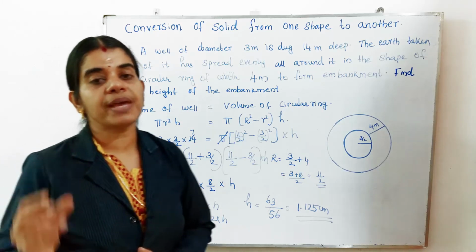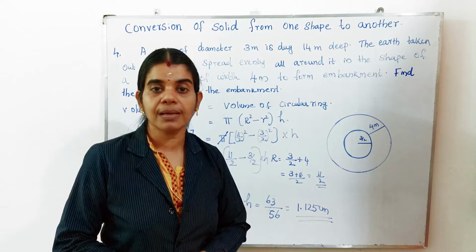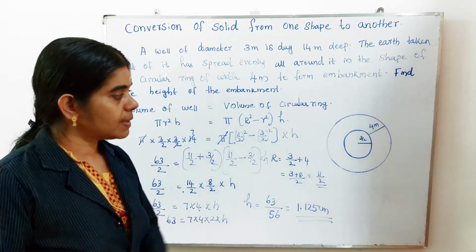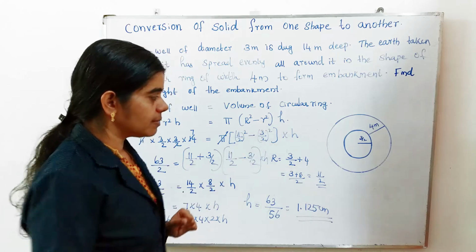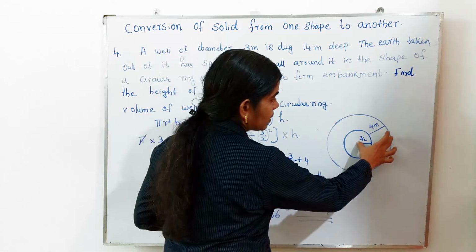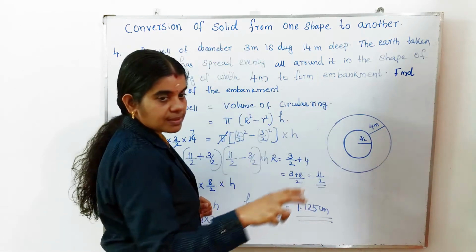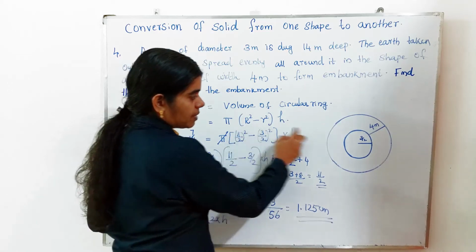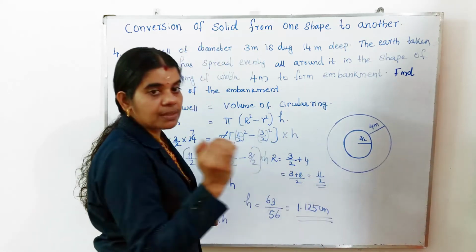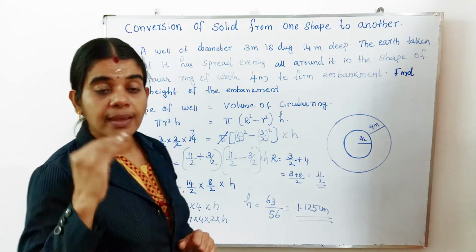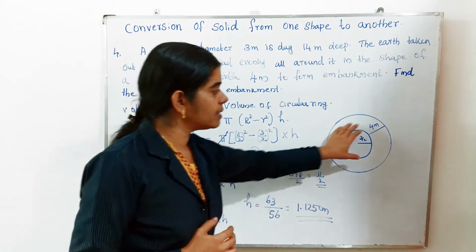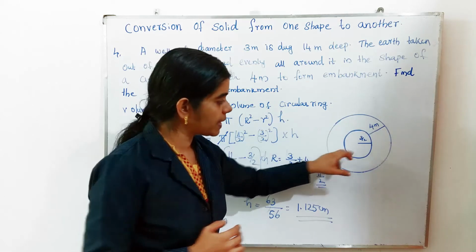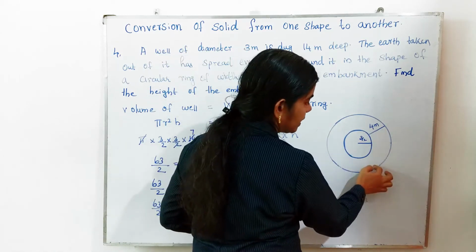Circular ring means pi R square minus r square, because first we find the area of the bigger circle, that is pi R square. Then we find the area of the well. Then we subtract, and you will get this part. First we will find the area from here to here.